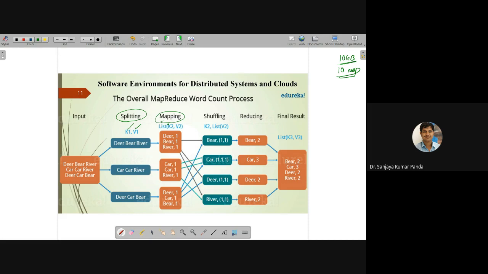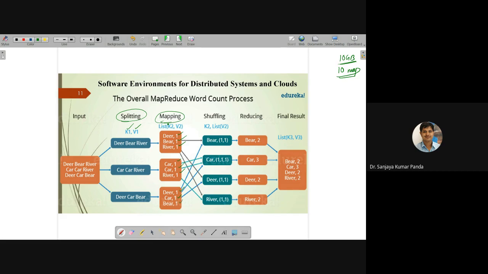D is repeated one time, B is repeated one time, R is repeated one time. Similarly, in the second sentence, for the second map function, C is repeated one time, C is repeated another time, R is repeated another time. Last one, D is repeated one time, C is repeated one time, B is repeated one time.